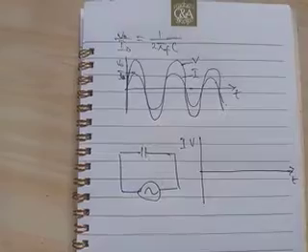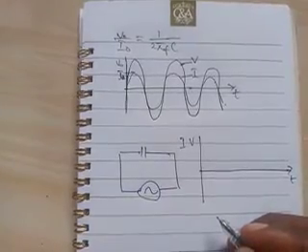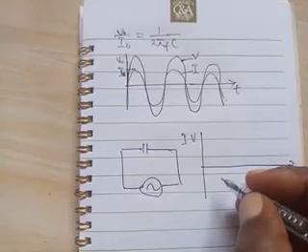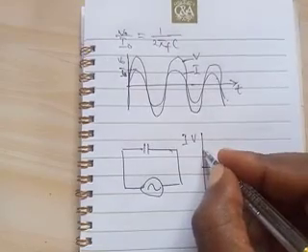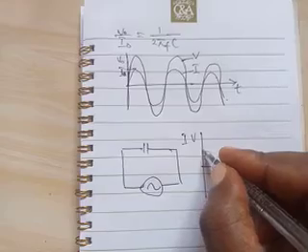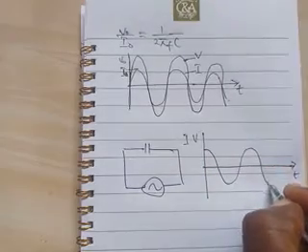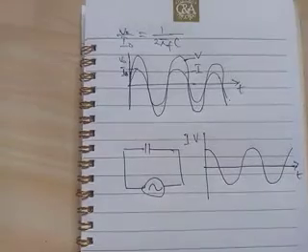So what we will notice here is that the current will begin from here and will go this way and so on.